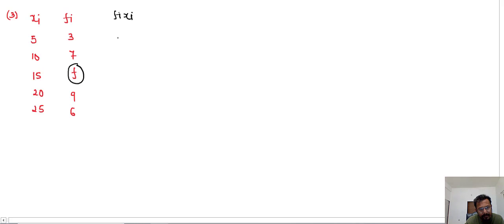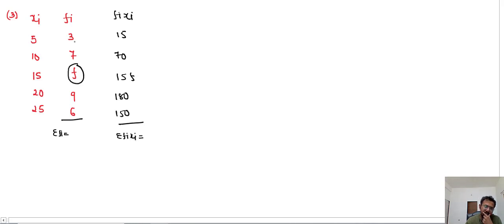Find sigma f_i and sigma f_i x_i. So 3 plus 7, 10. 10 plus 9, 19 plus 6, 25. So 25 plus f. And here, if you do the additions, 15 plus 70 plus 180 plus 150, 415, plus this 15f.